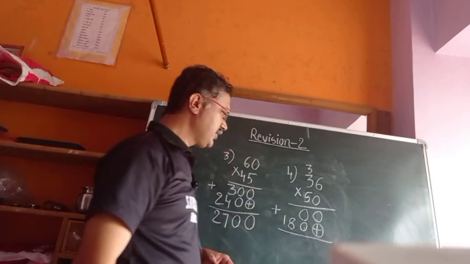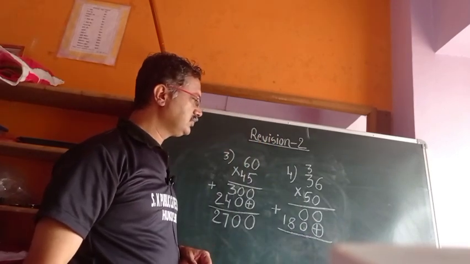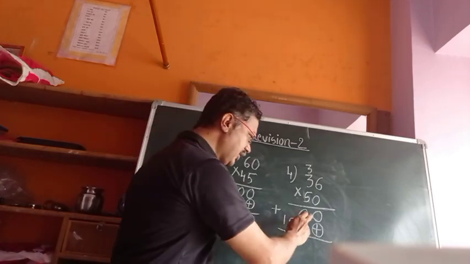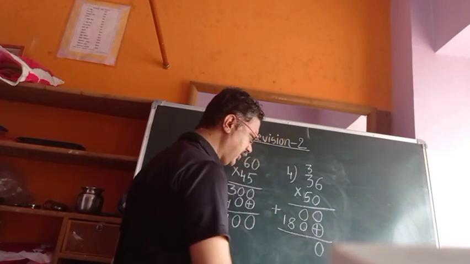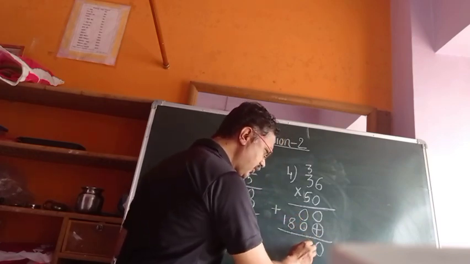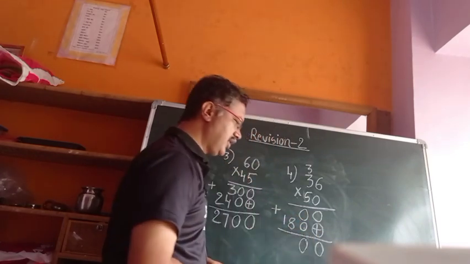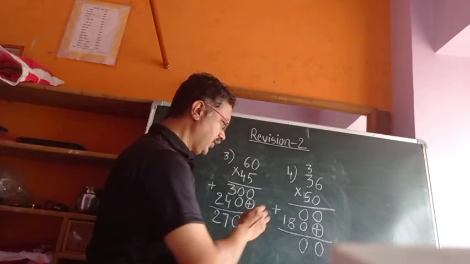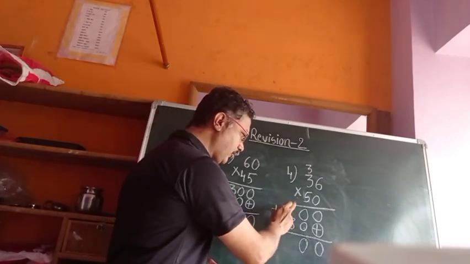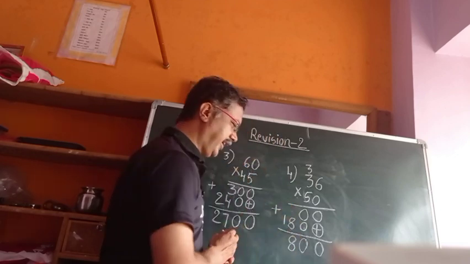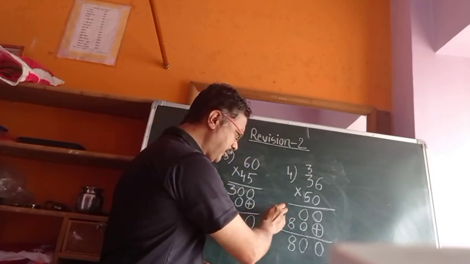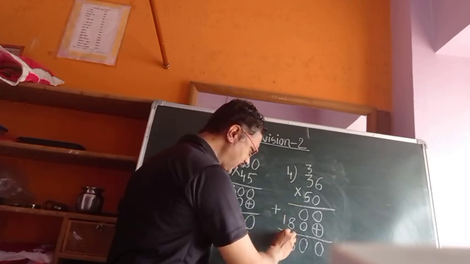Add these numbers. 0 plus 0, 0 only. 0 plus 0, 0. 8 plus 0, upside nothing is there, consider it as 0, 8 only. 1 plus 0, 1 only.